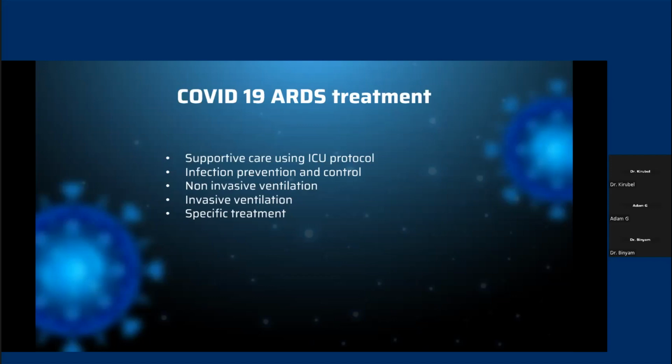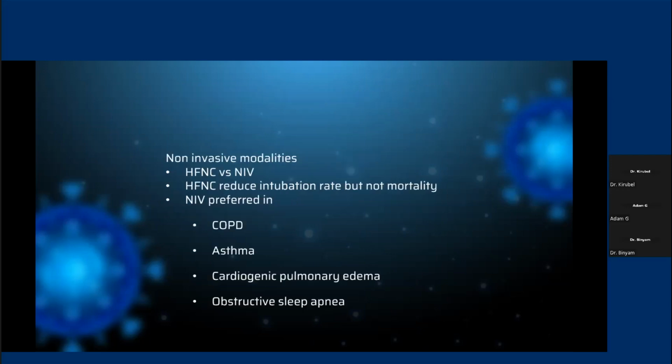The next options are non-invasive ventilation, invasive ventilation, and specific treatment. Comparing high flow nasal cannula with non-invasive ventilation, high flow nasal cannula will decrease the rate of intubation, but mortality-wise, the studies don't suggest more.